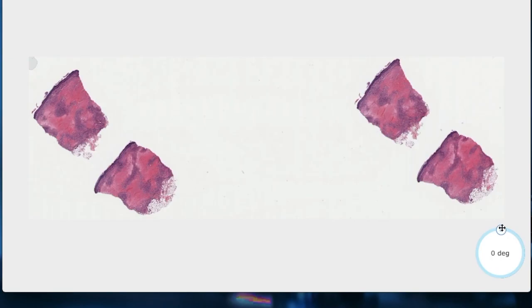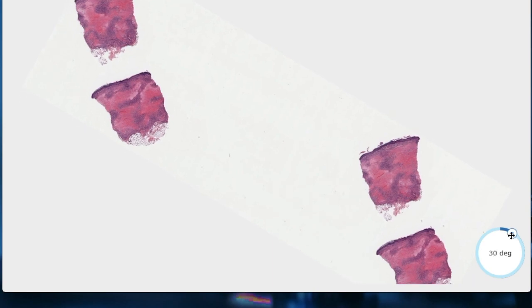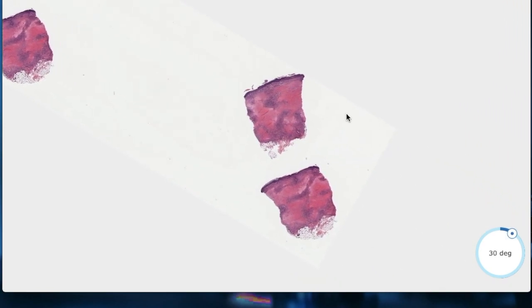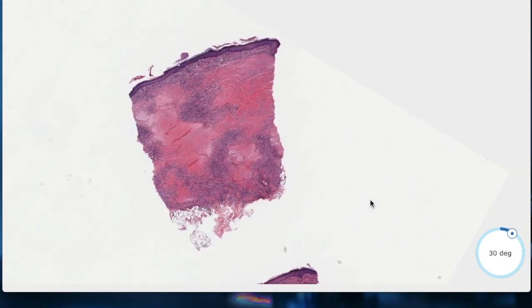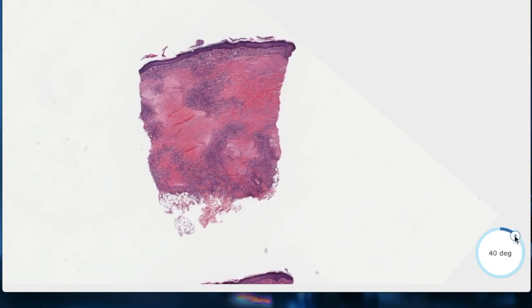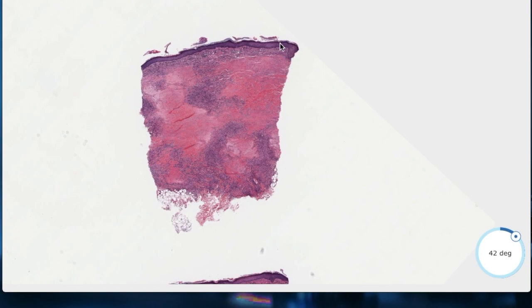Moving on, we have this punch biopsy, just to compare with the granuloma annulare we saw. So we have this punch biopsy, and the epidermis appears okay for the most part.